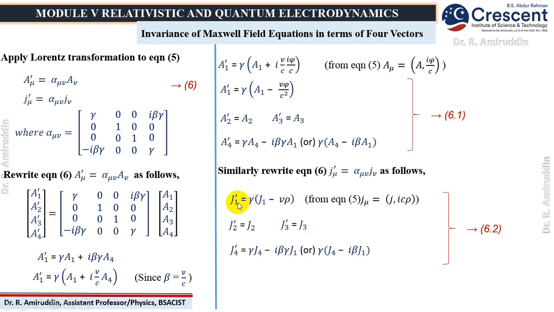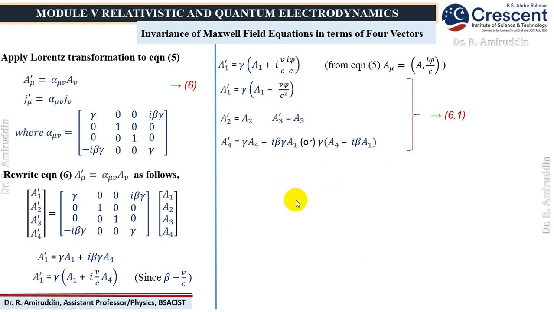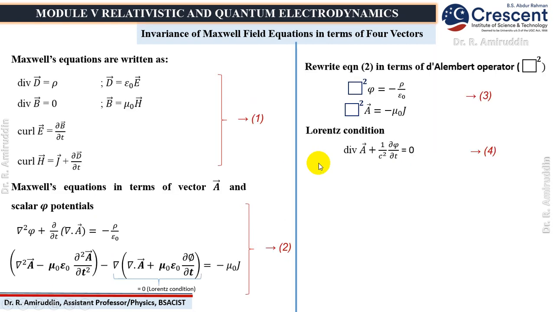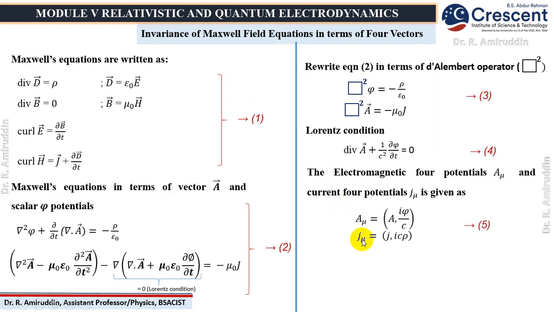However, the first component, that is J1 prime and A1 prime, differs, because in J1 prime we have considered the term in equation number 5. The J mu is equal to J comma I c rho, so the fourth term here will be I c rho. Similarly, on the other hand, for A the fourth term will be I phi by c.